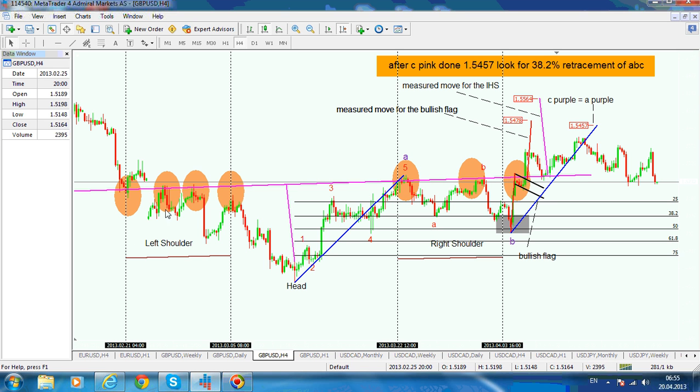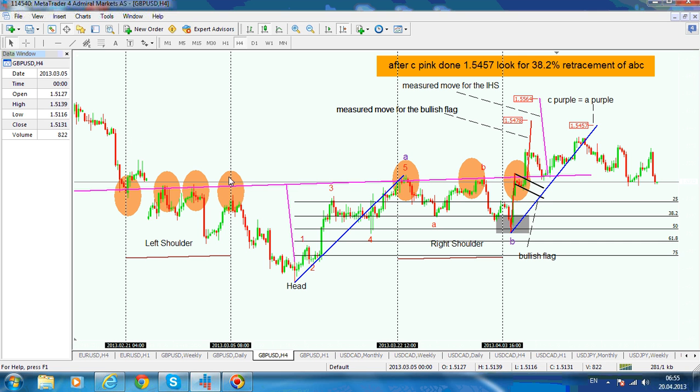Then you will try to apply these elements on the right side. Of course you don't know here that an inverse head and shoulders is going to happen, but after you have the head here with a sharp sell-off and then a sharp rebound, then from the moment the potential neckline is hit, you look at the left shoulder and try to project from this moment into the future both the time elements.